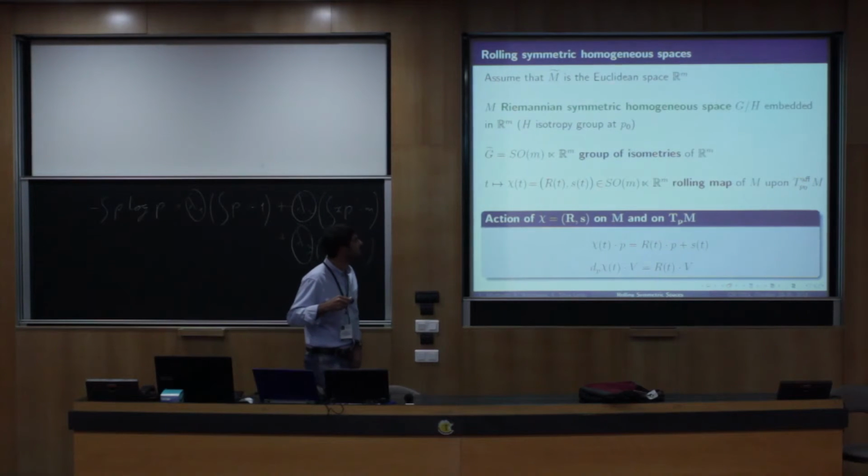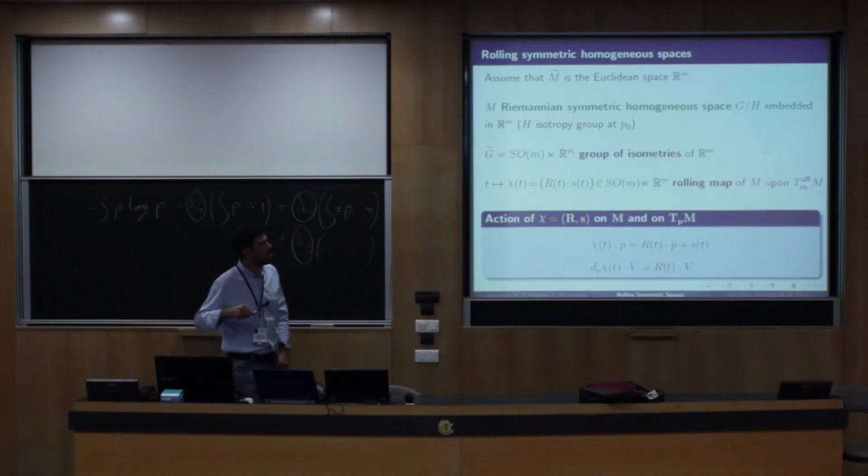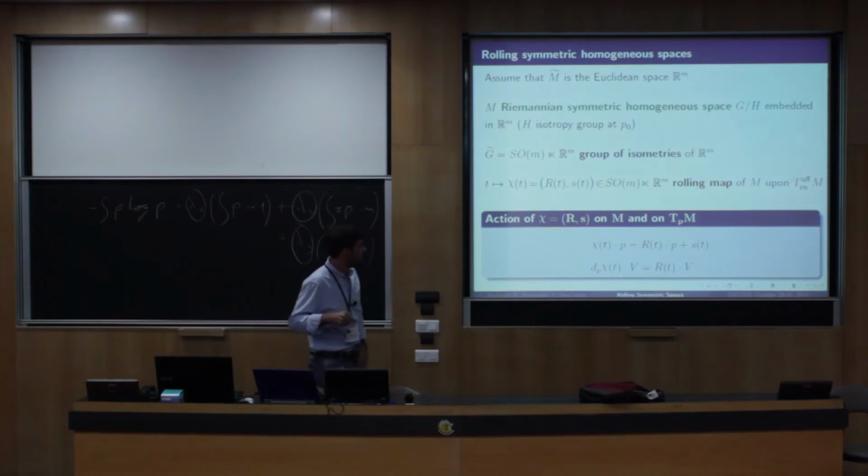As I just said, the group of isometries that preserve orientation in the ambient space R^m is this semi-direct product, and therefore a rolling motion will be a pair where R will be a curve in the special orthogonal Lie group and a curve in the Euclidean space R^m, and we assume that this map is describing the rolling motion of the symmetric space M upon an affine tangent space to a given point P0.